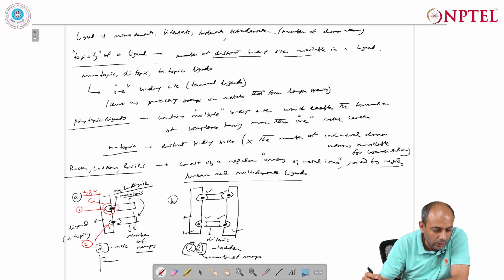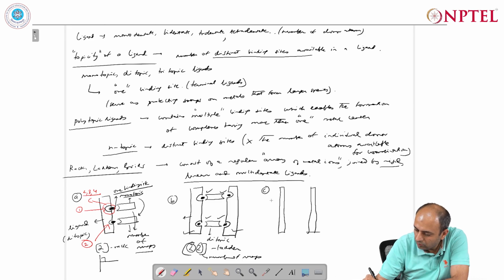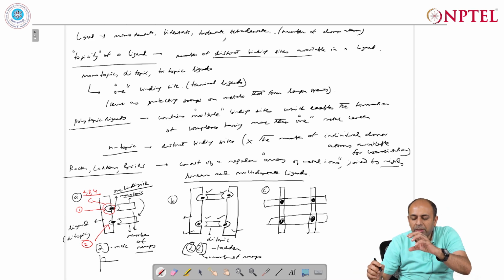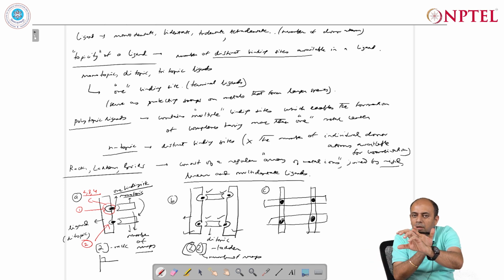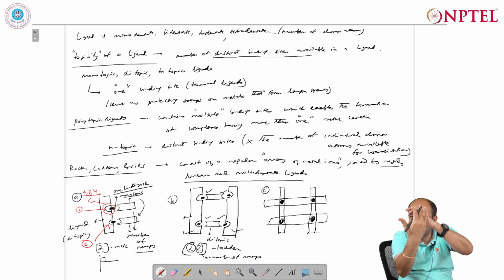So this forms a 2.2 ladder, and then we can have a grid-like structure where we have a metal sitting here. When a metal is sitting here, we have one horizontal bar like this, and then a vertical bar below it.